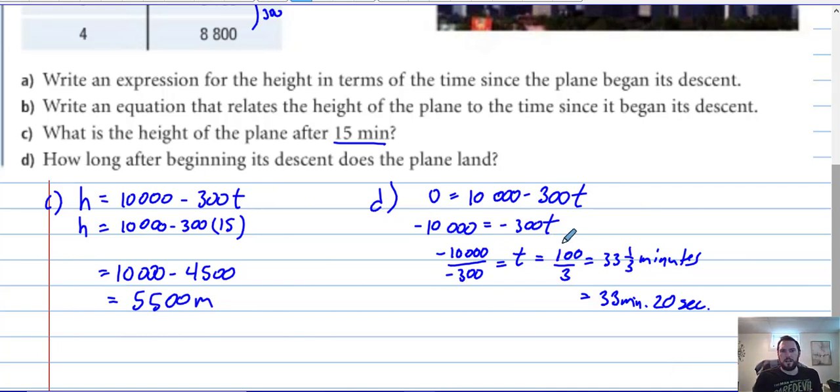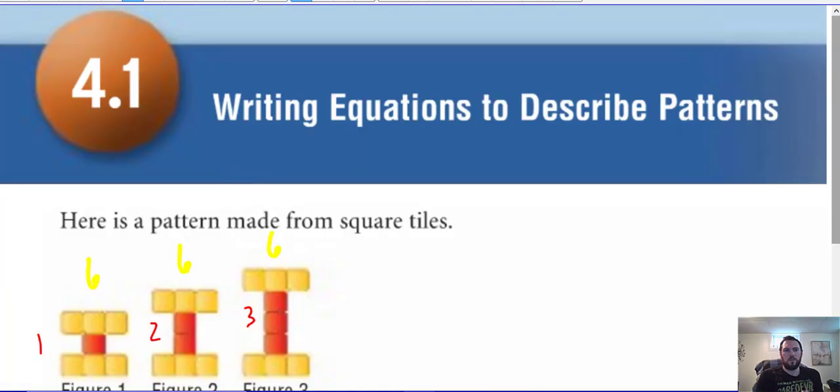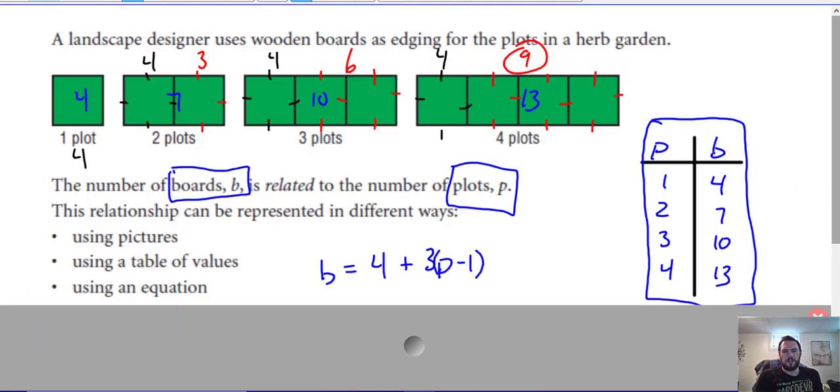So let's think about what we've talked about so far, and then we'll do one more example. When we're doing these linear relations, what we'll notice is that there will be something that remains constant and something that changes. And I can represent these relationships as a table of values or as an equation.